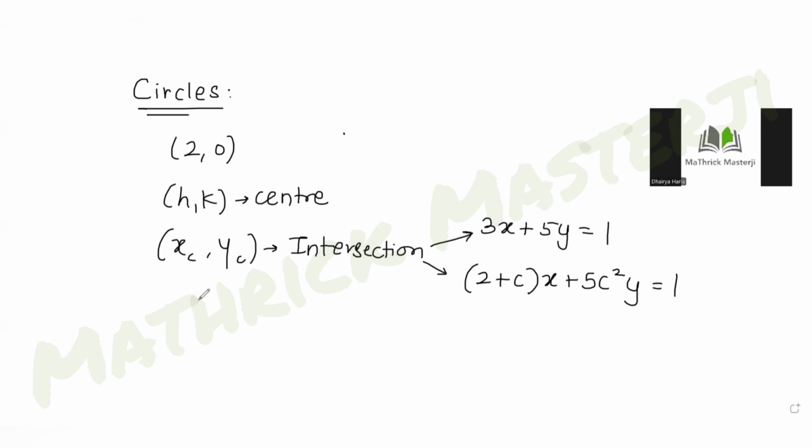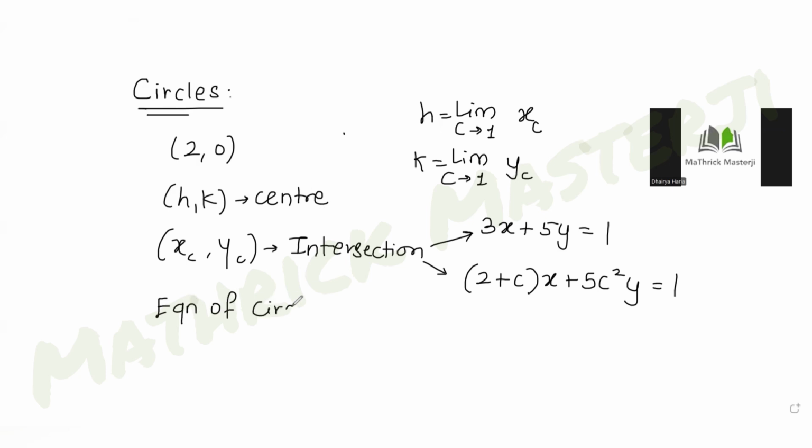And the further question tells us that h is equal to the limit of xc as c tends to 1, where xc is the x coordinate of the intersection point of these two lines, and k, the y coordinate of the center of the circle, is given to us as the limit of yc as c tends to 1. Then we have to find the equation of the circle. That's the question asked to us.